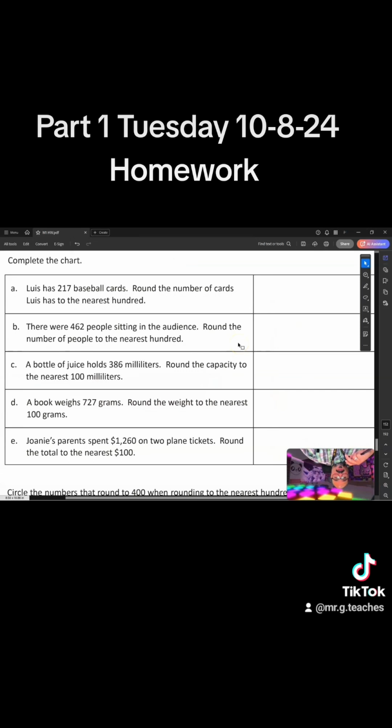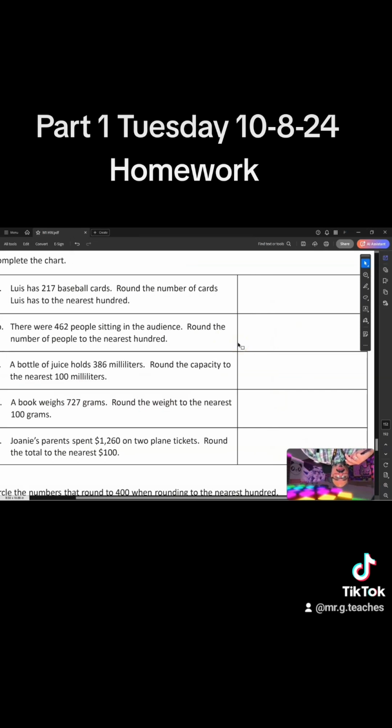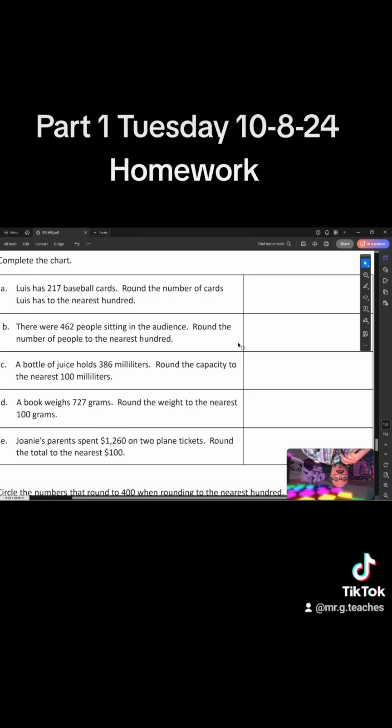Okay, number 2 says complete the chart. Louise has 217 baseball cards. Round the number of cards Louise has to the nearest 100. The 2 is in the hundreds. Okay, we know that 200 is in between. We can do our number line here too. So it's between 200 and 300.